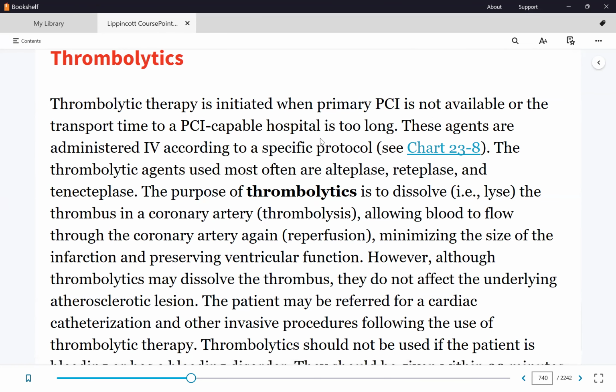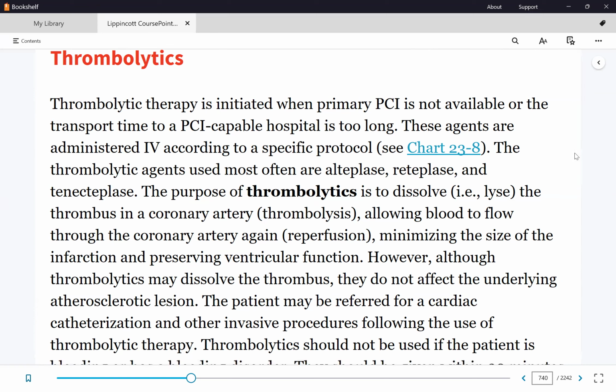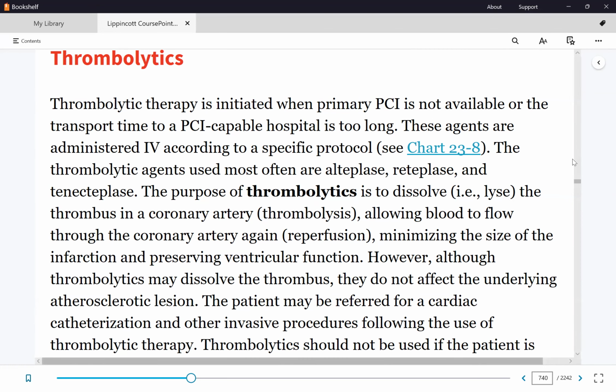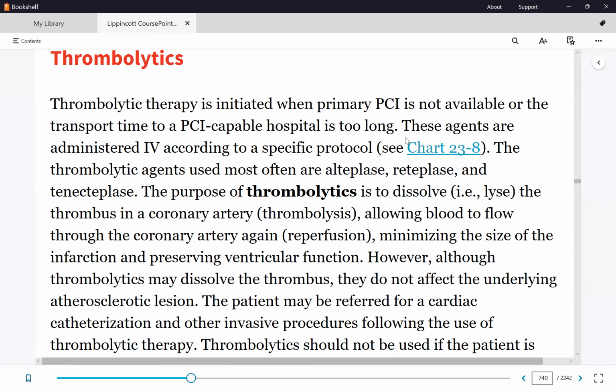I mean, you're not very far from a cath lab anywhere in New York City. But maybe in the Midwest, let's say you're on Route 69, in the middle of nowhere, then all you get is thrombolytics. And since thrombolytics is the gold standard for stroke, it's better discussed in the stroke section.